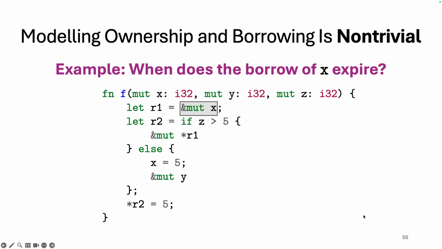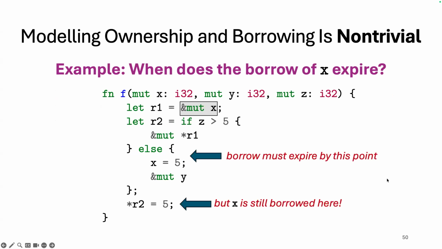In this next bit, I'm going to go back to this example, and this will answer Xavier's question about the conditional borrow. As I mentioned before, we want our models to be able to answer questions about borrow expiry. This one is tricky because it seems like you have a borrow that expires, but then subsequently needs to be live later in the program.